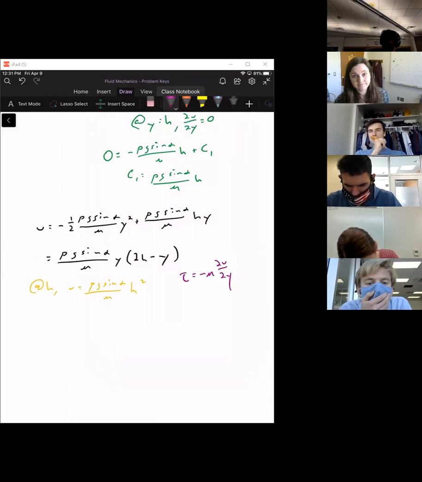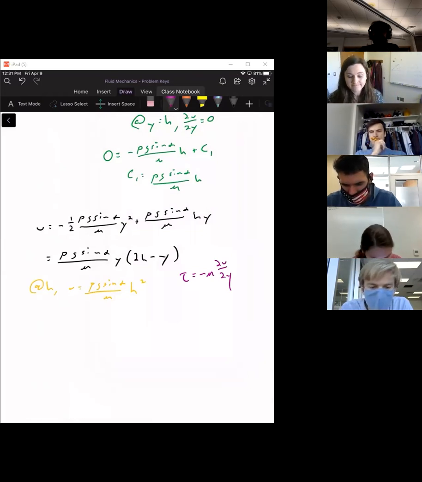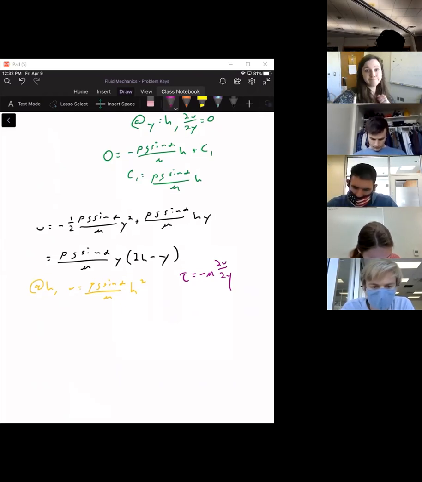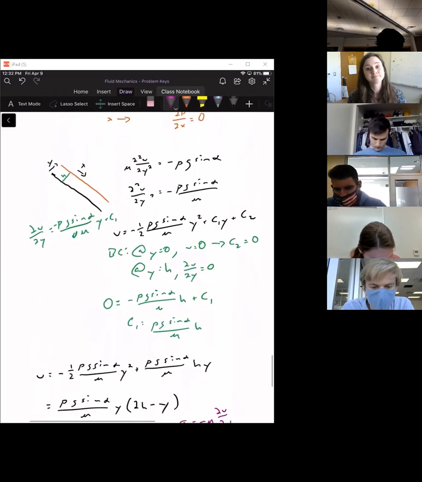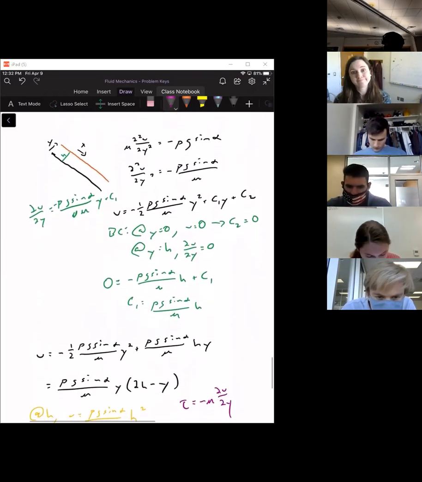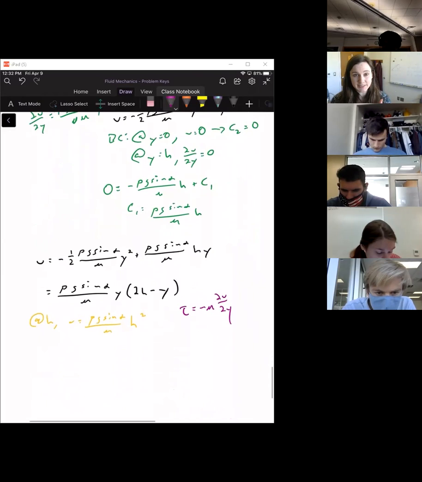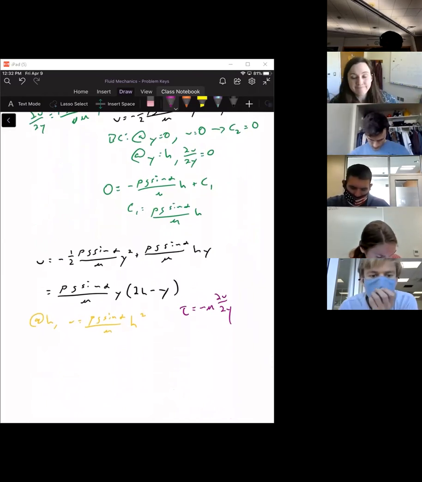Right. Okay. The reason why it wasn't making sense in my head is that I was confusing du dy for du dx, and I'm like, that doesn't make sense that it wouldn't change as you're going along in the x direction, but in the y direction, it's all right. Yep. That is cool. Well, and we already knew that du dx had to be 0 because it's fully developed. Right.